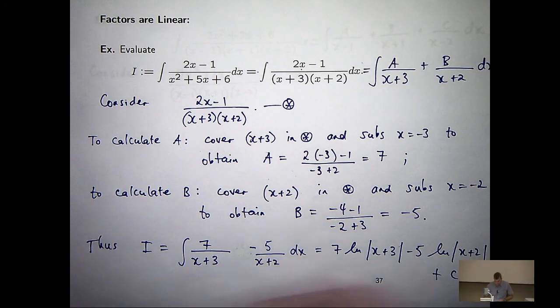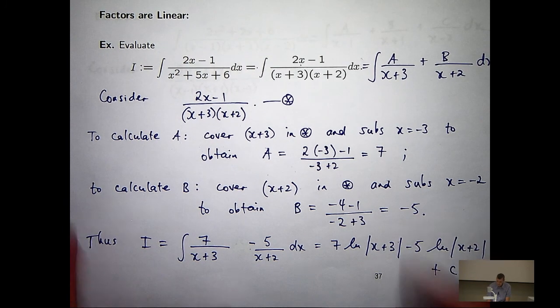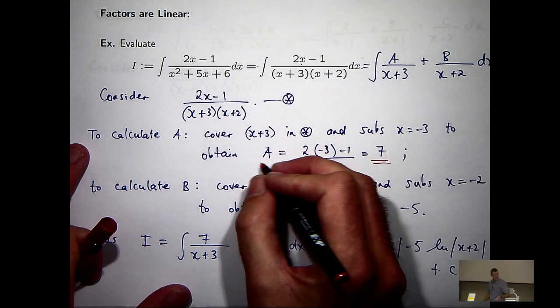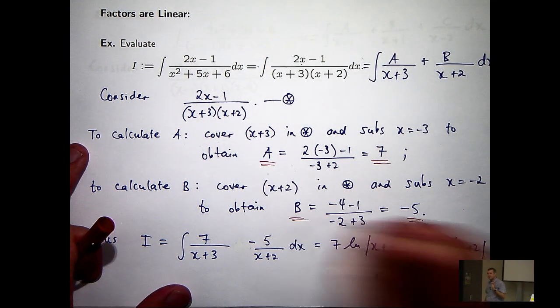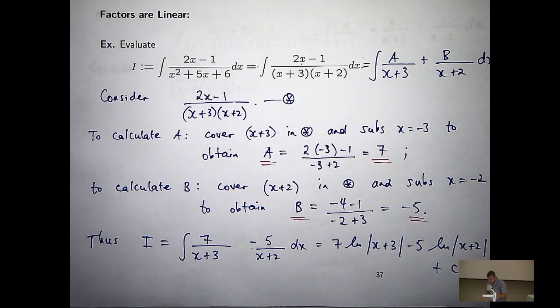So, I've got my two constants, and I can write my integral in this fashion and then integrate to obtain logarithms. Now you can simplify this if you want to. I'm just going to leave it as is. But that was the basic method that we learnt yesterday. It's a powerful method. It requires hardly any algebra.